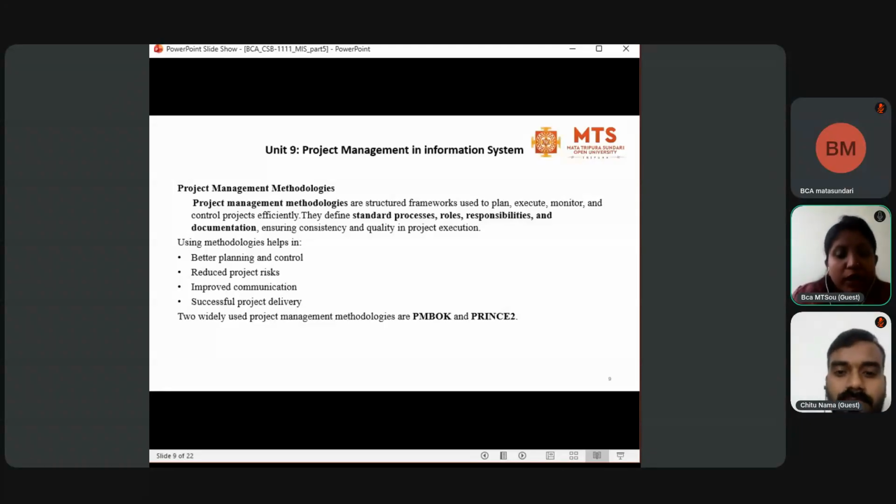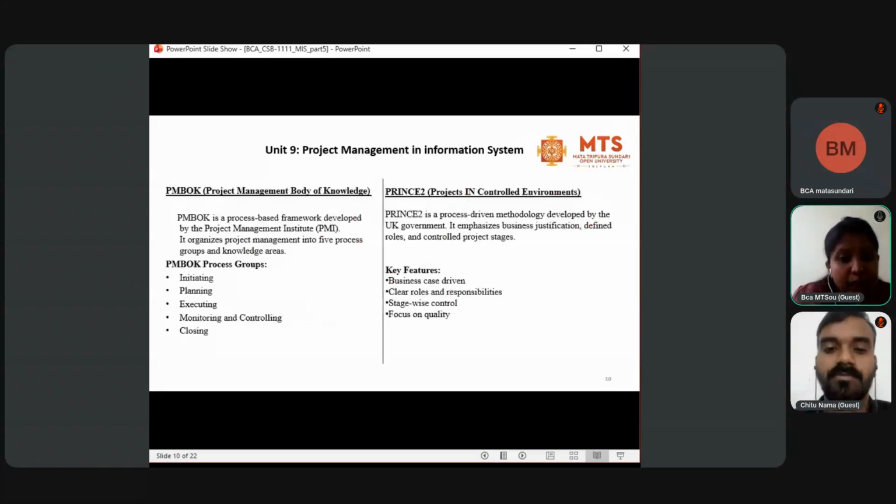PMBOK is a process-based framework developed by the Project Management Institute, and it organizes project management into 5 process groups and knowledge areas. What are these 5 groups? Initiating, planning, executing, monitoring and controlling, and closing. These are the 5 process groups.